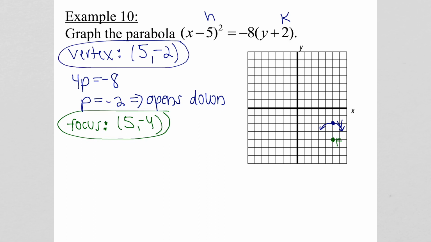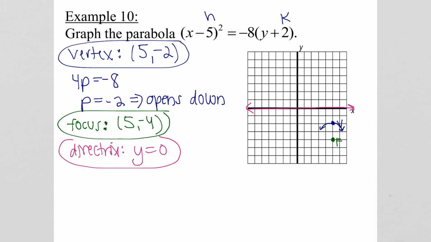That's an important characteristic. We also want to graph the directrix line. The directrix is found by traveling from the vertex in the opposite direction. Instead of going down to get to the focus, we go up 2 to get to the directrix line. It's actually on the x-axis, which makes the directrix y = 0.